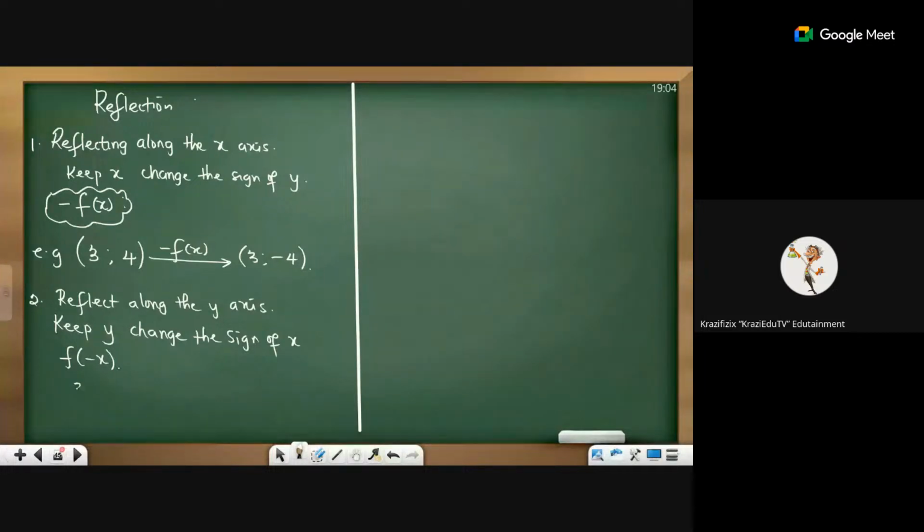So if I have 3 and 4 and I'm reflecting, my x is the one that changes, which becomes what? And there's something common about these two, which I'm going to link to the third one.